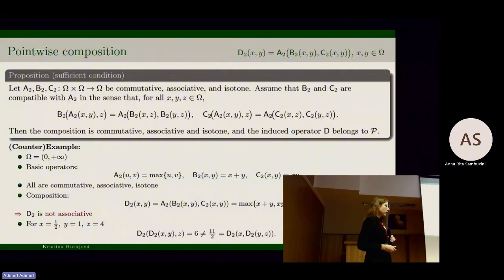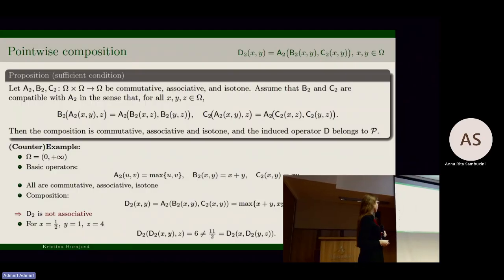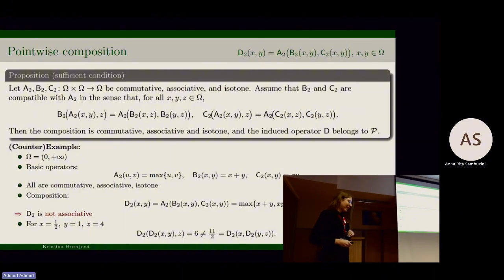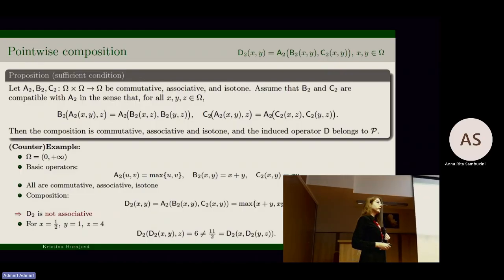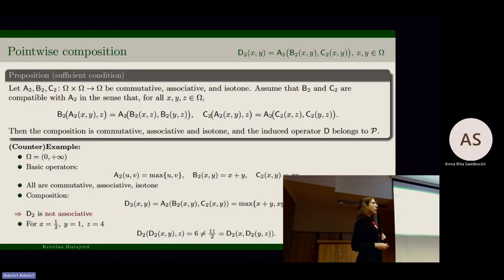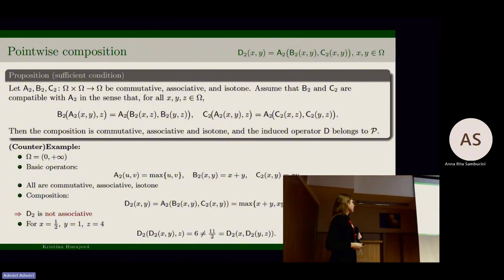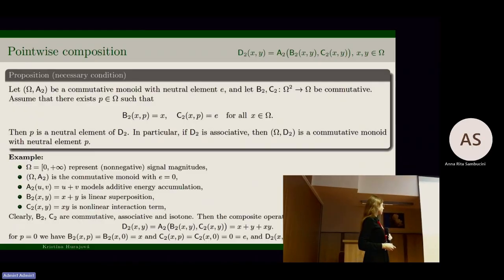So additional compatibility properties are needed, but these properties may be very restrictive. This motivates the search for weaker and more interpretable assumptions, which we show in this proposition.